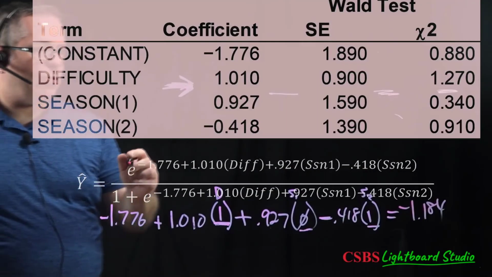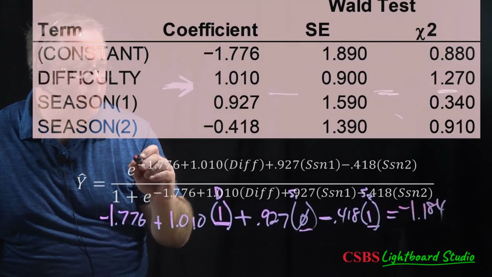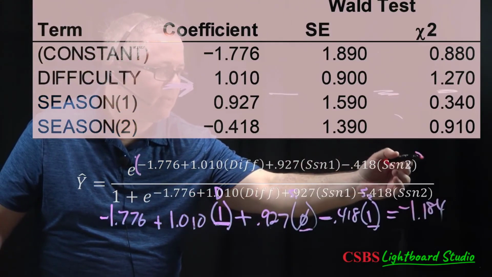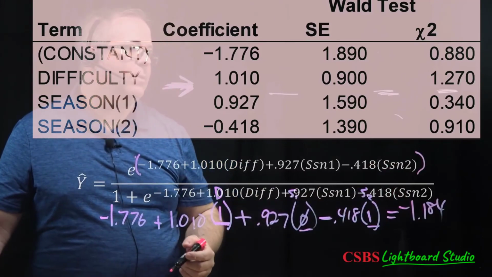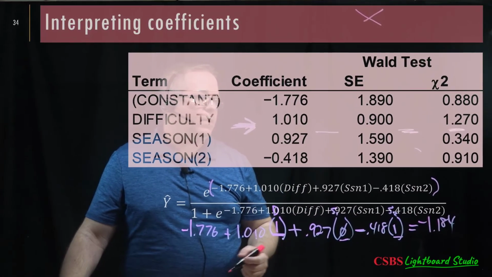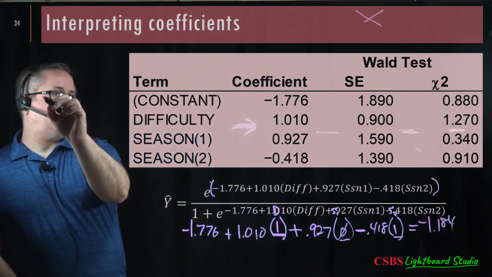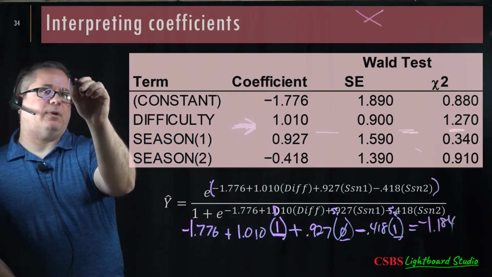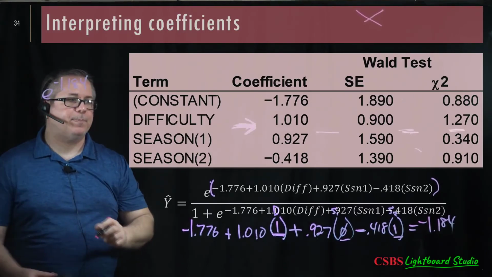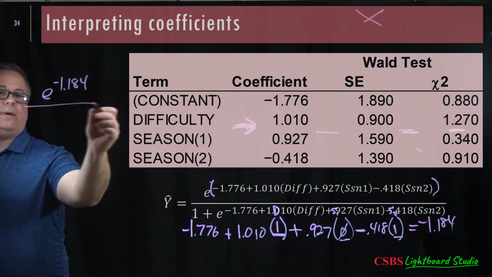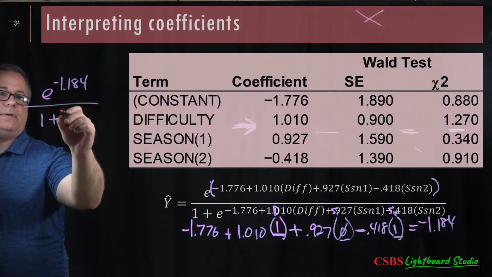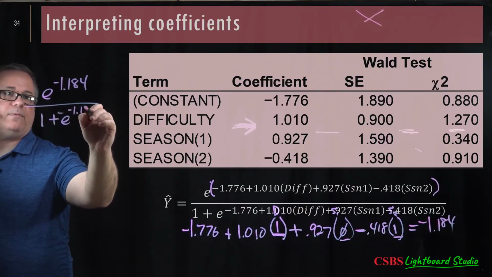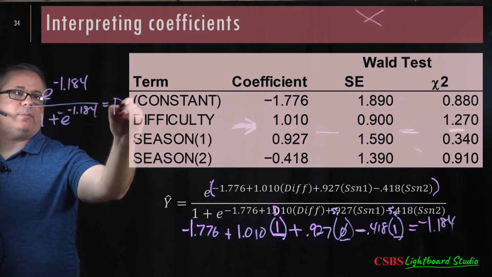Okay, remember what we just solved for. It's just this piece of this equation up here. So how do I get it to be probability? Well, I need to take e raised to negative 1.184, and divide that by 1 plus e raised to negative 1.184, and that's going to give me the probability.